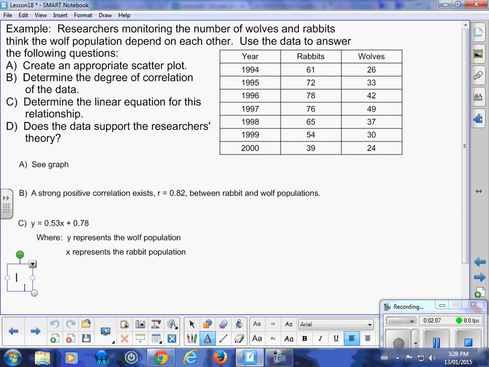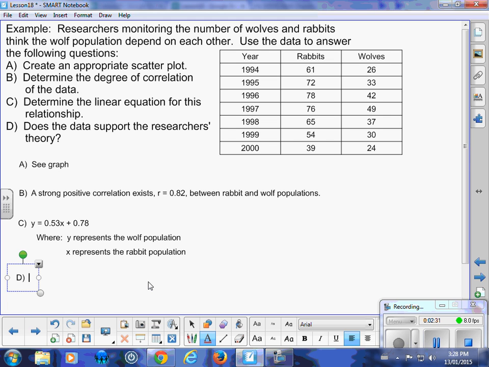Question D. Does the data support the researcher's theory? Now this is where you get to put your thought process into it. You got to think about the answer in terms of what's your opinion, and this is what's going to happen for those that do some research or go into fields like wildlife, where you got to make a case for yourself.